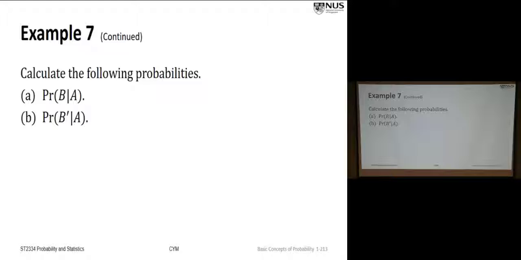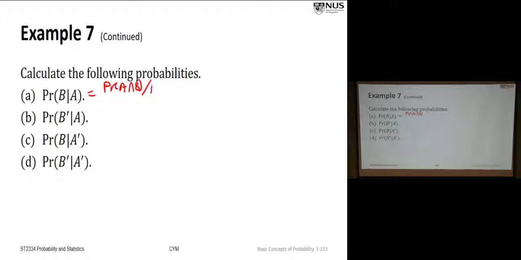What is the probability of B given A, and probability of B complement given A? Following from the definition, this one is equal to probability of A intersect B divided by probability of A. We know both, so we can calculate this easily.